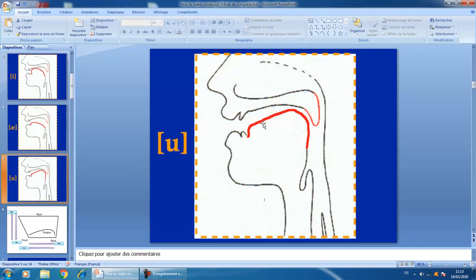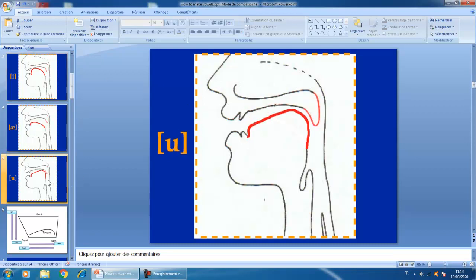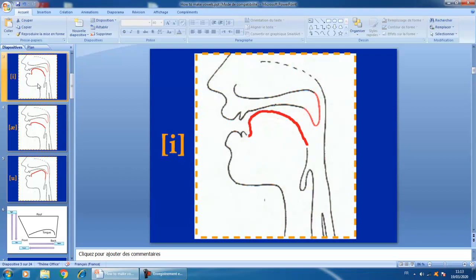For E, it is called the front vowel because, look, this is E. It's the front part of the tongue which is raised. But for U, look, it's the back part of it which is raised. So here we can talk about some vowels being front and some vowels being back. But we can talk also about another dimension through which we can locate the different vowels.